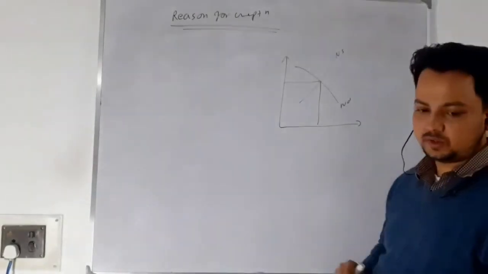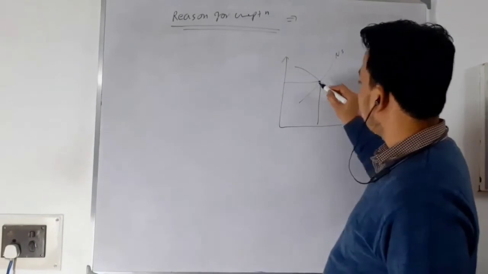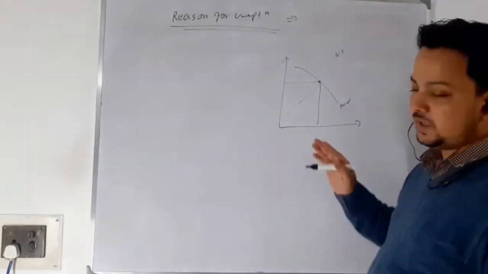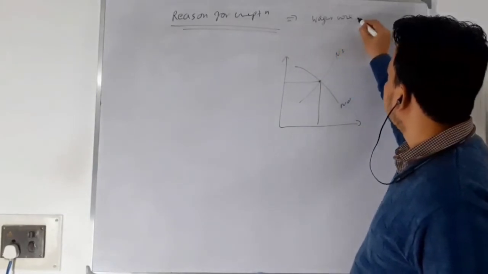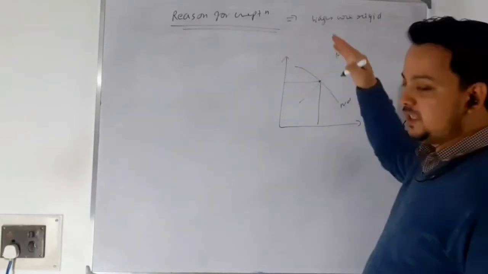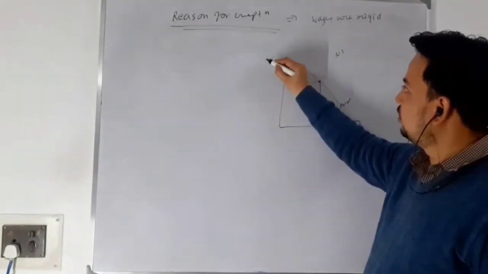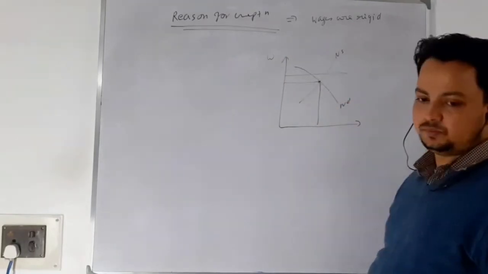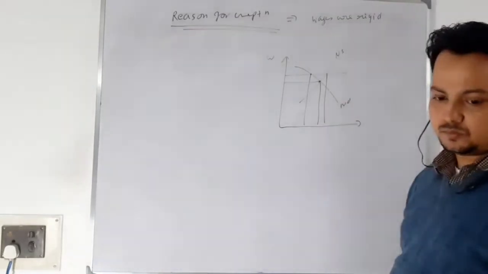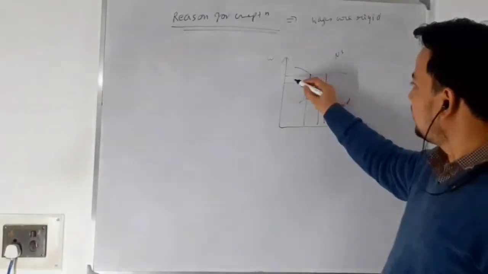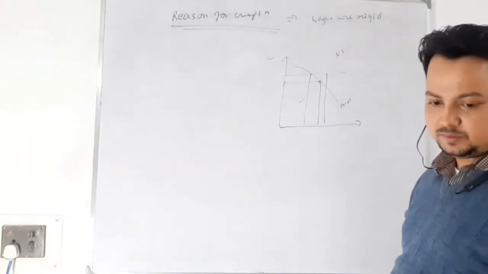The reason we don't achieve this market equilibrium is that wages are rigid, that means downward inflexible. If I take the nominal wage here, at this wage demand is less and supply is more. Only when the wage comes down to this level will equilibrium be achieved. But it is not happening.